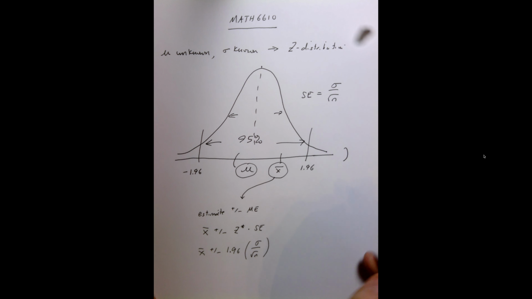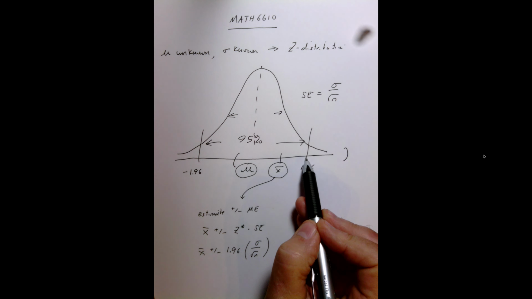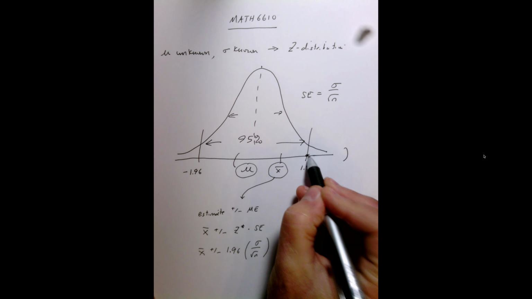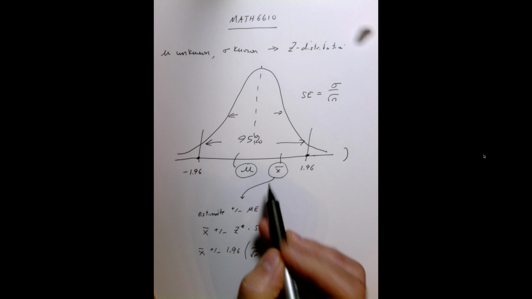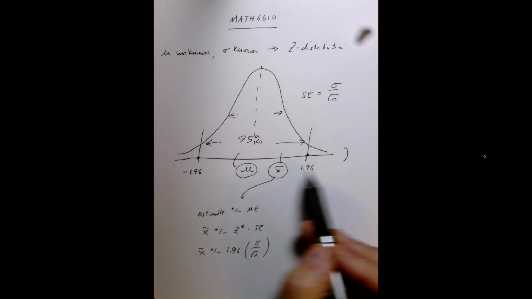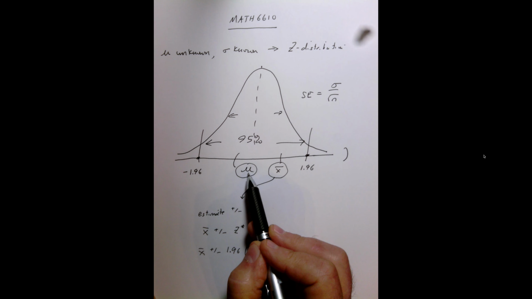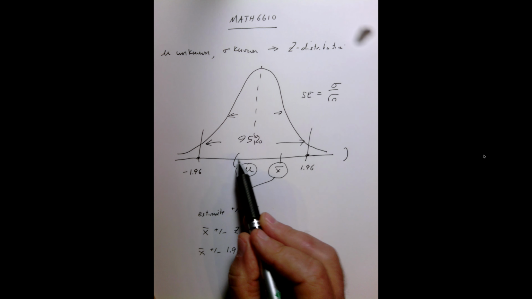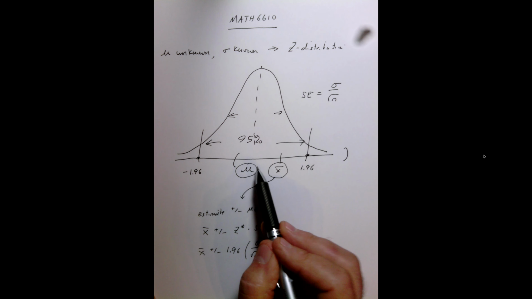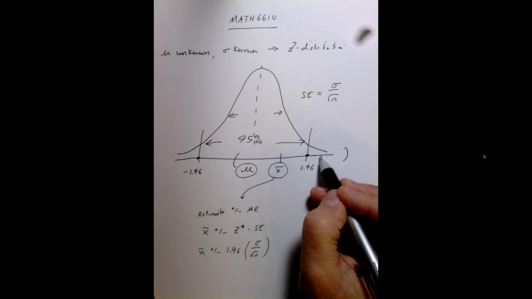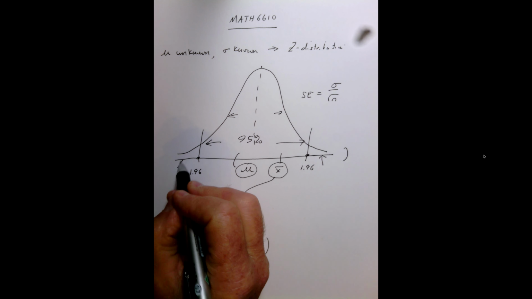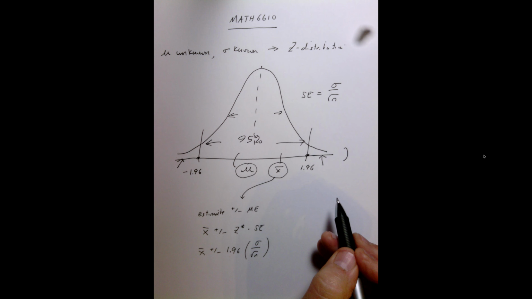Now, we are 95% confident that this interval contains what we're trying to estimate. Why? Well, because any sample mean from this point to this point, if we build this interval around it, it will contain this value that we're trying to estimate. The only time this interval won't contain the value that we're trying to estimate is if we get something out here or something down here, for obvious reasons.